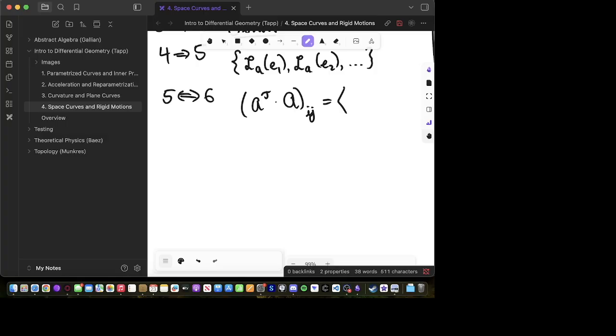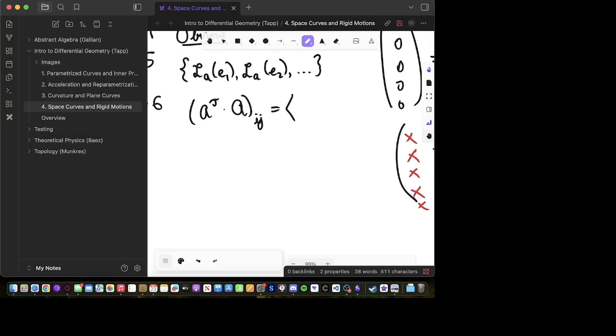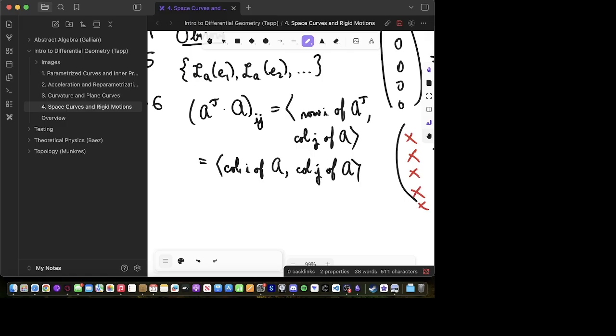That is equivalent to the inner product of row I of A transpose with column J of A by the definition of matrix multiplication. And because the transpose is a transpose, that would be column I of A and column J of A.